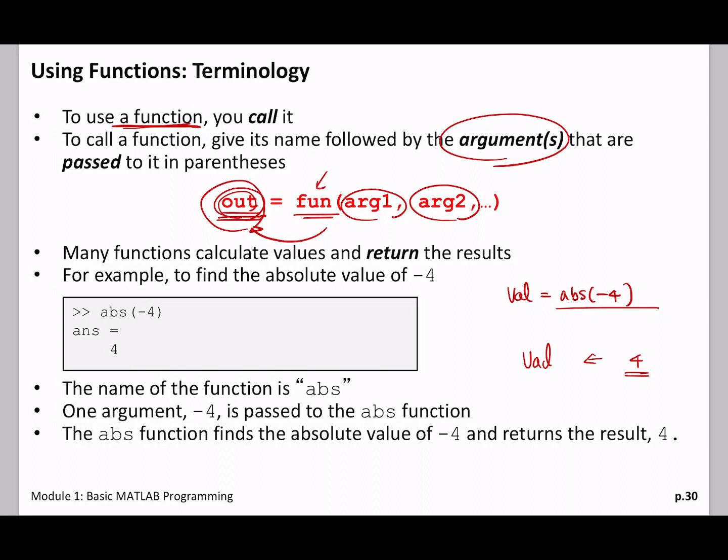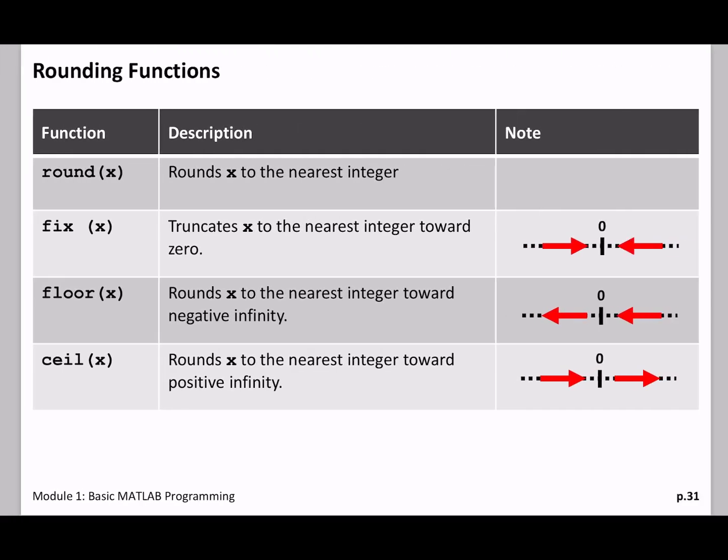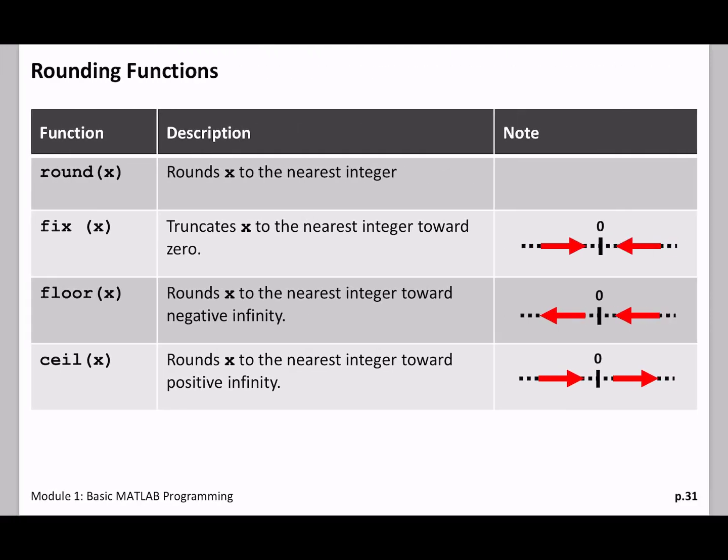All right. We already covered this function, right? Let's learn about some basic math functions. These are the rounding functions. A rounding function maps a real number to an integer. There are 4 different ways to do this.